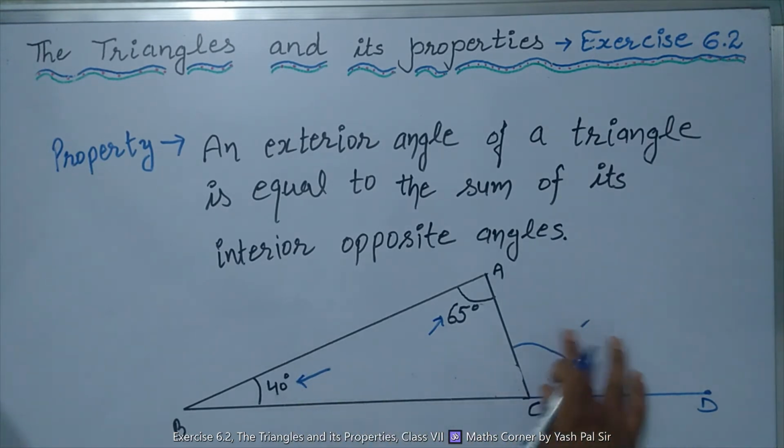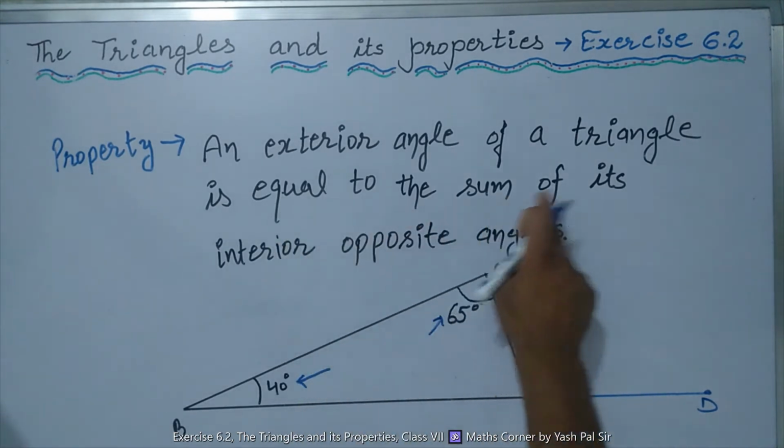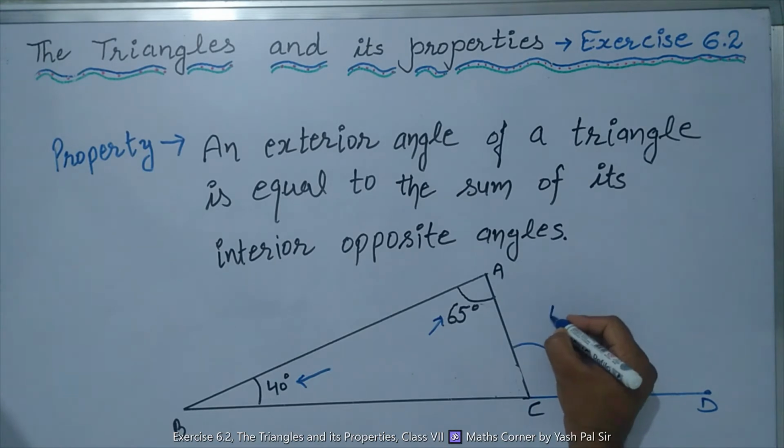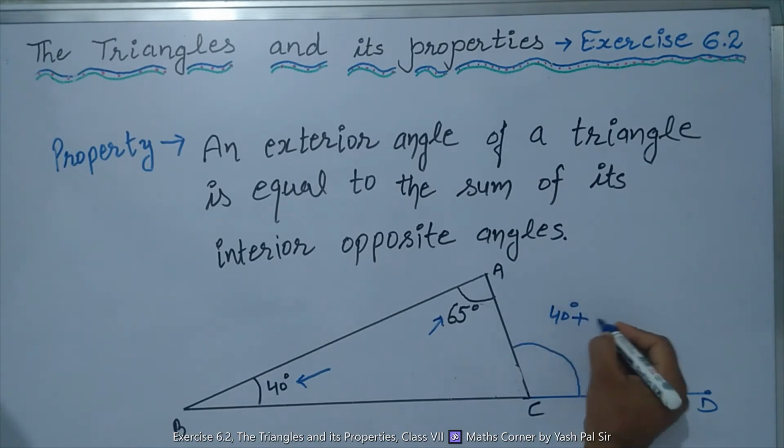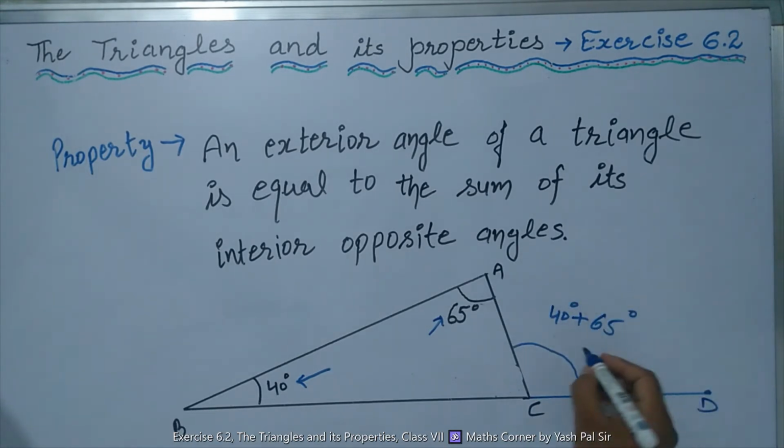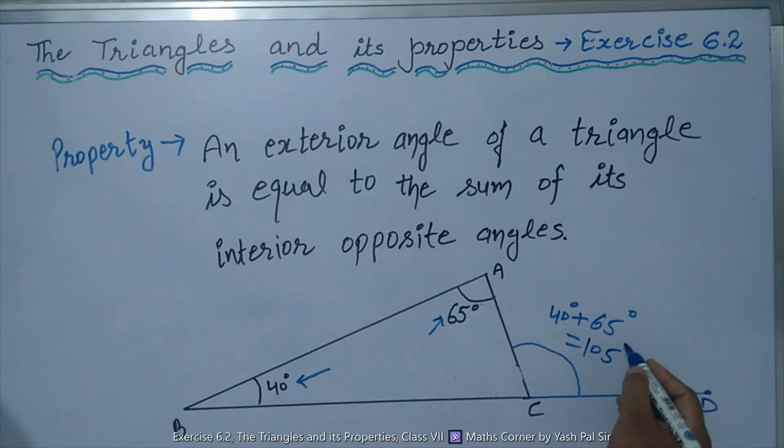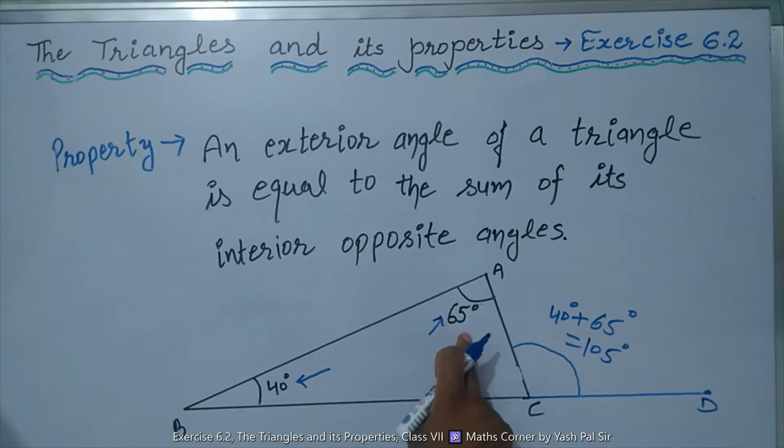That is, this angle is equal to the sum, 40 degree plus 65 degree. What is the sum? The sum becomes 105 degree. So the exterior angle is equal to the sum of its interior opposite angles.